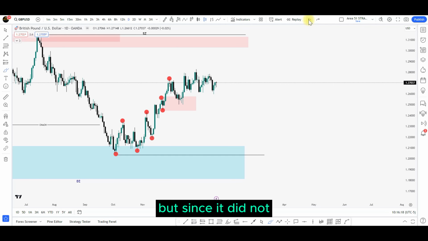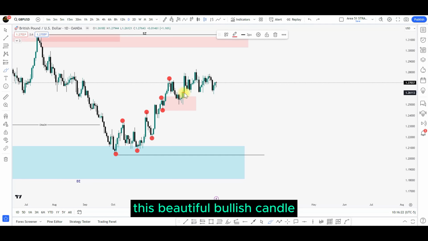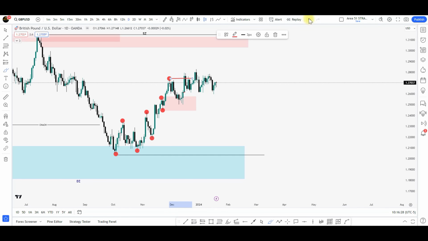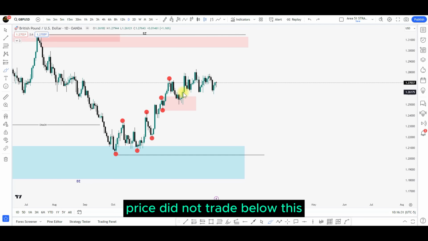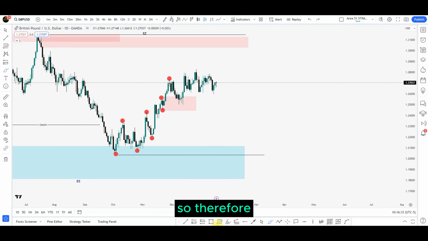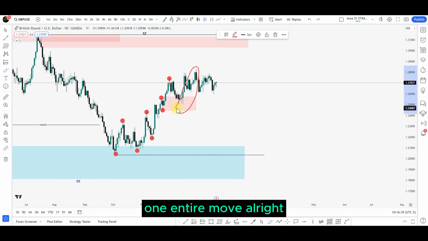But since it did not trade below this beautiful bullish candle, which created a high momentum before the break of this entire structure here, price did not trade below this bullish candle. So therefore, we mark this as one entire move. So this becomes one entire move.